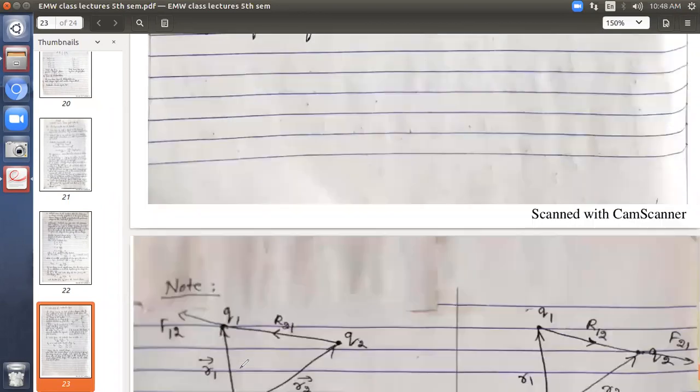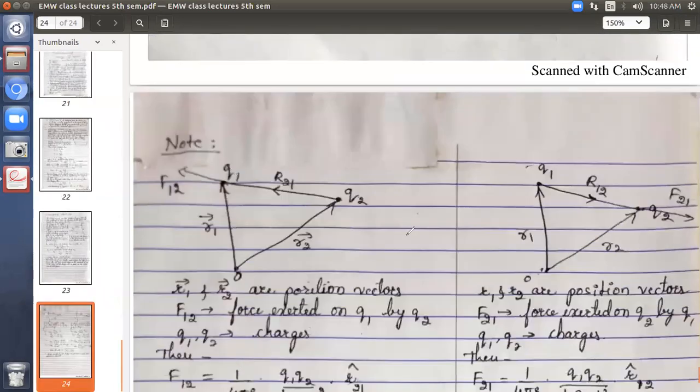This is important. I was talking about this F1 and F2. Consider this. You have charge Q1 and Q2 and the origin. From the origin, drag this. From the origin, drag this. There should be continuity, right?